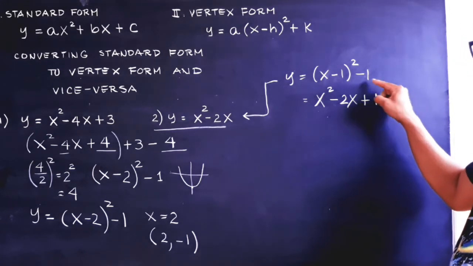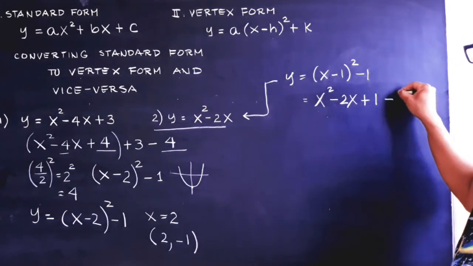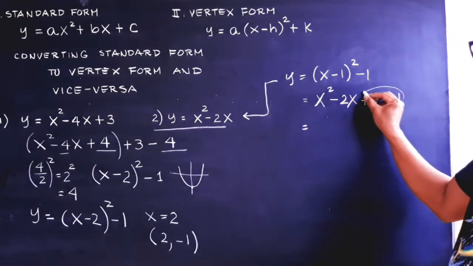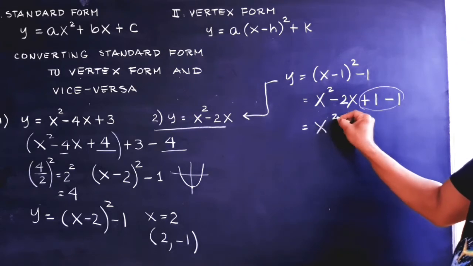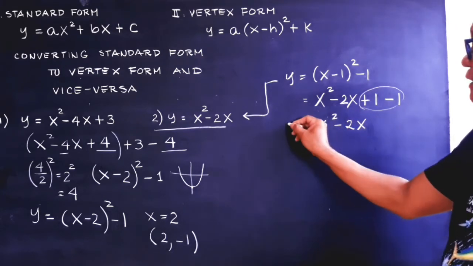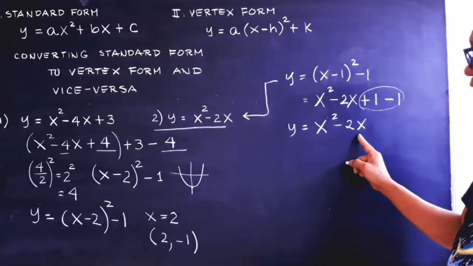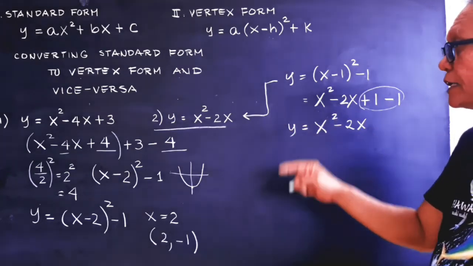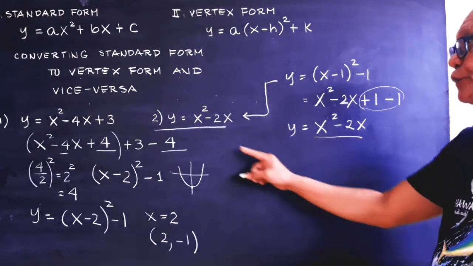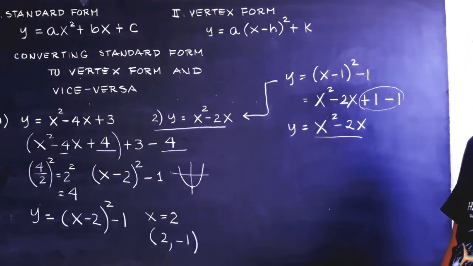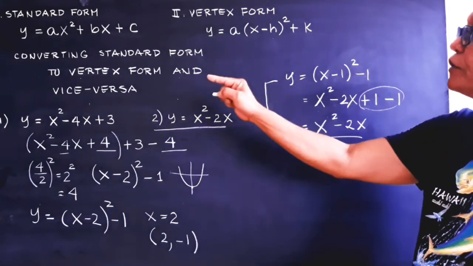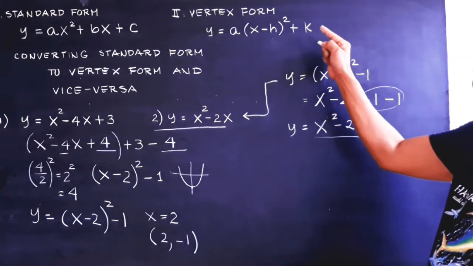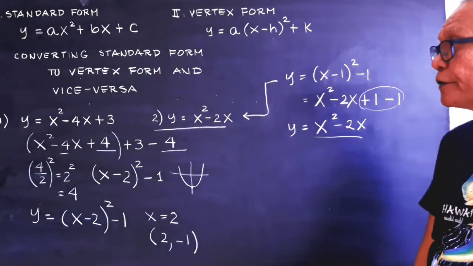And then minus, don't forget the -1 here, 1. So here, 1 minus 1, and then you have x squared minus 2x, to 2y, and you are now again in your standard form or general form of our quadratic equation. So it's easy. Converting standard form into vertex form is harder than converting vertex form into standard form.